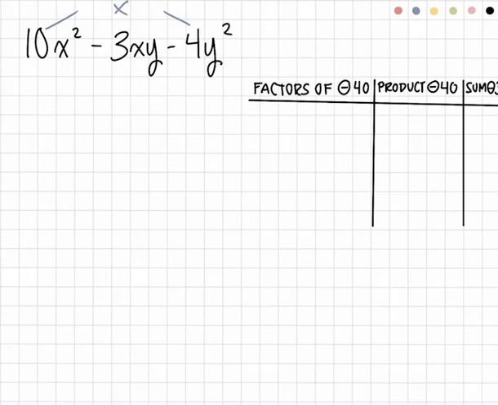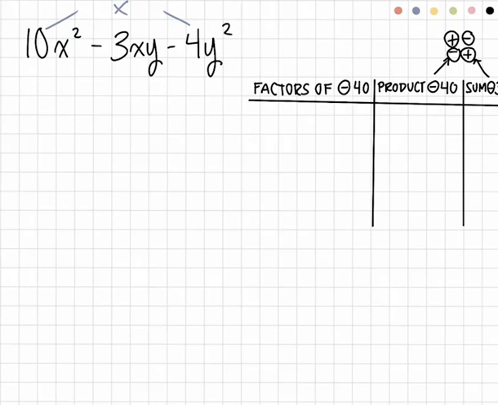Perfect. I'm looking at my two signs here, and I know that they're telling me that I'm going to need to be working with factors that are either going to be positive and negative or negative and positive. All right, so let's get started.